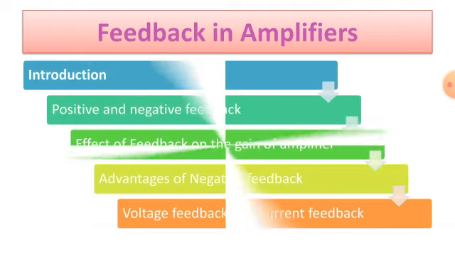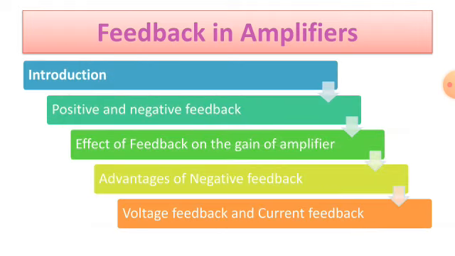Under this heading feedback in amplifier, firstly we have to study what is amplifier, introduction of amplifier, what is feedback, what is positive and negative feedback, then effect of feedback on gain of amplifier, advantages of negative feedback, voltage feedback and current feedback.